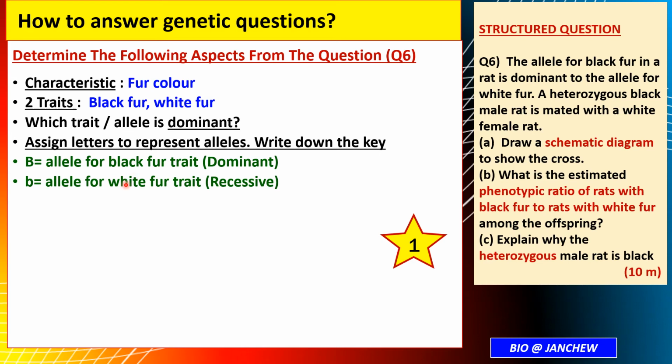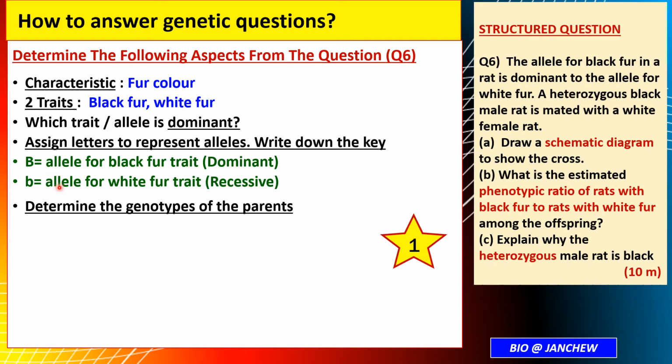Now after that, you have to determine the genotypes of the parents. Based on what is stated here, determine the genotype of the male rat and the female rat. It's very clear here that the male rat is a heterozygous male rat. So what is the genotype for a heterozygous rat in this case, by using the letters big B and small b?